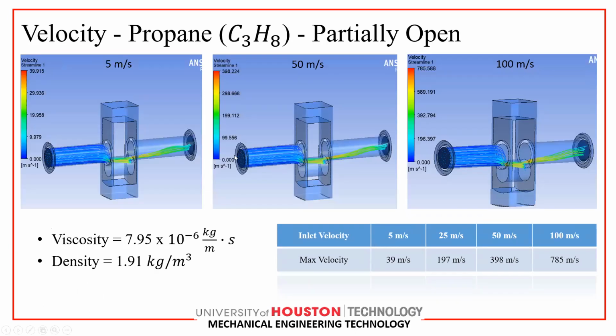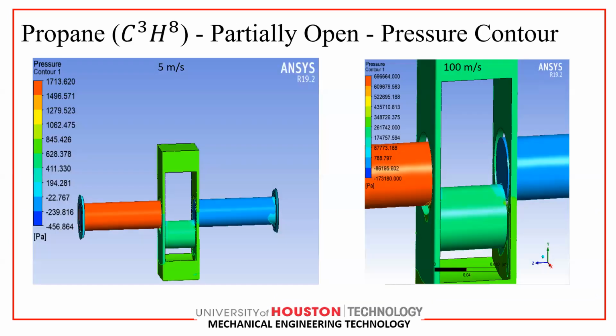Also this slide shows the pictures of the partially open gate when the fluid is propane, C3H8. The dynamic viscosity of the propane is equal to 7.95 times 10 to the negative 6 kilograms per meter second, and the density for the propane is 1.91 kilograms per cubic meter.